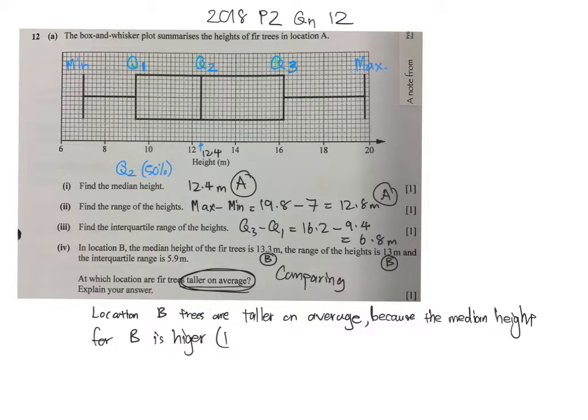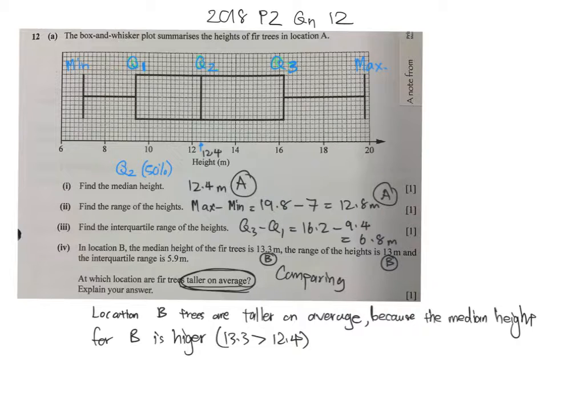So I'll just put 13.3 bigger than 12.4. I'm comparing the two median heights. Actually I don't need to say the range. That's all, 1 mark only.